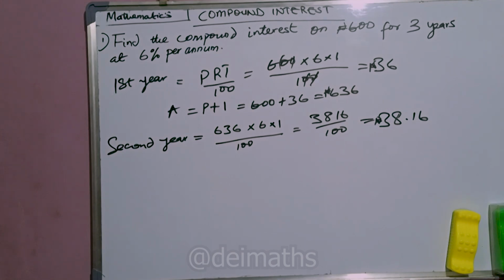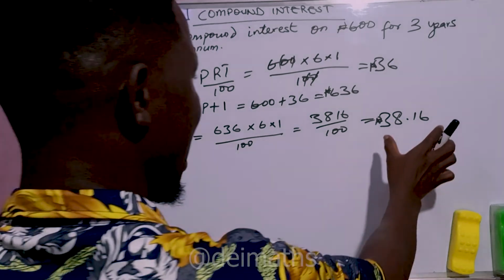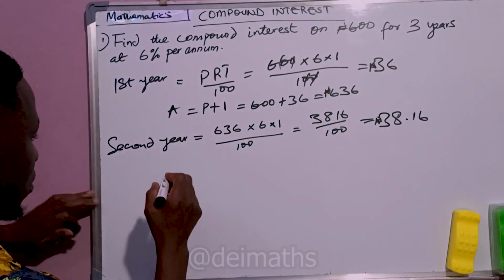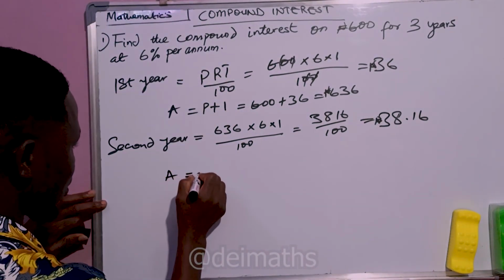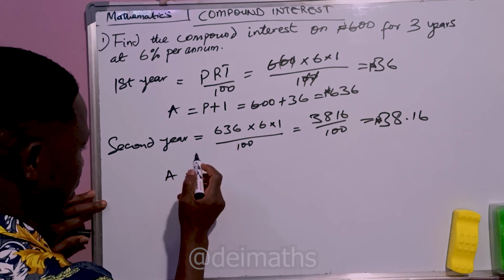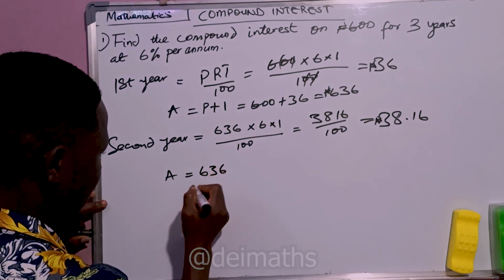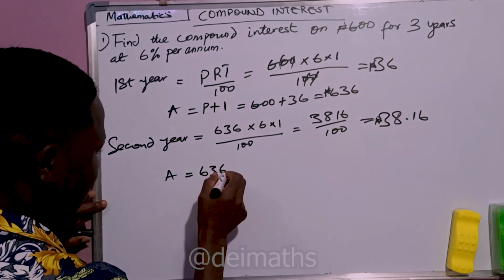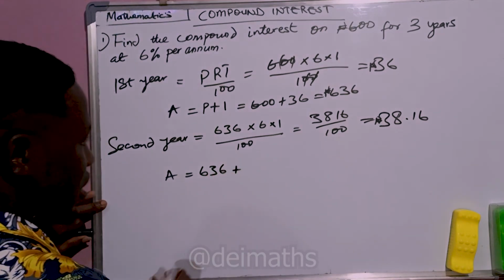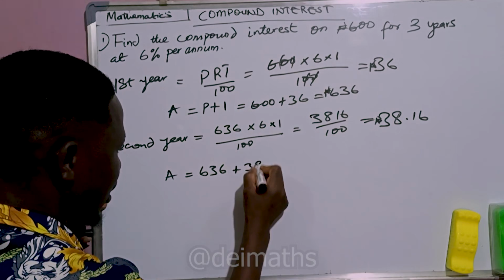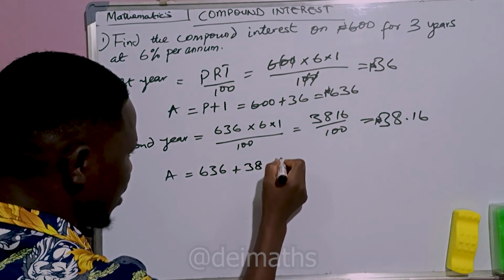Now, to know the amount I got after the second year, I have to add this to the principal. The amount is equal to the principal, which is 636, plus this amount, 38.16.